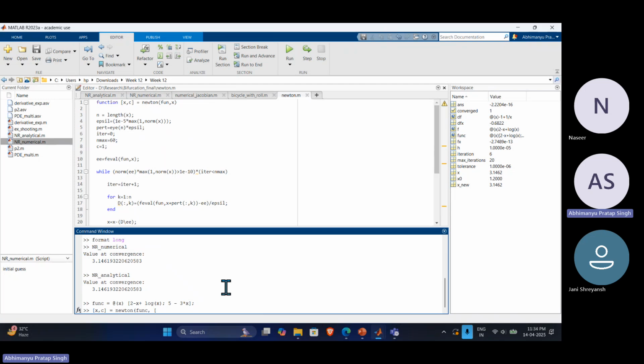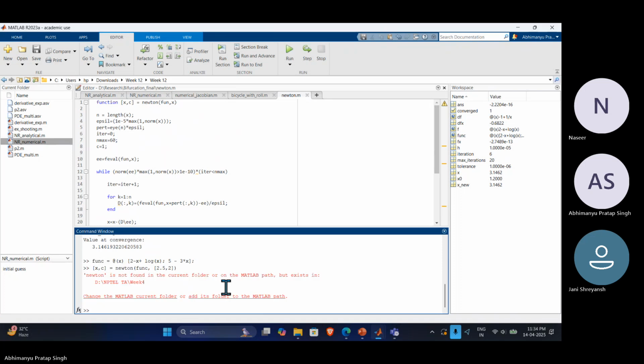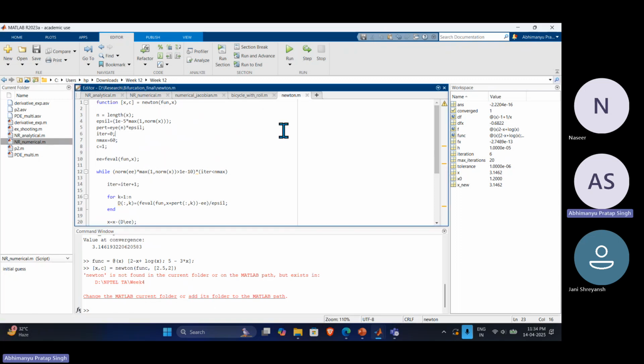So I'll just try to input some initial condition. 0 is not defined. 2. I don't think this is solvable, but let's see. Okay. Let me save this function over here.